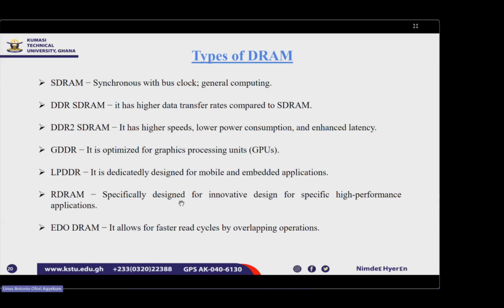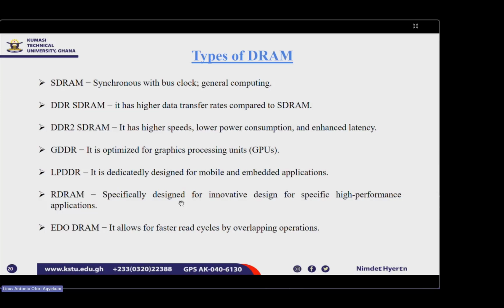Yes. So it is also volatile. But the point here is that its volatility also depends on the refreshing of the memory, because there are capacitors which are capable of storing data.